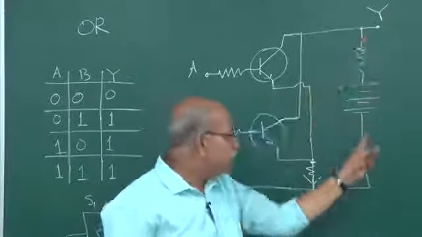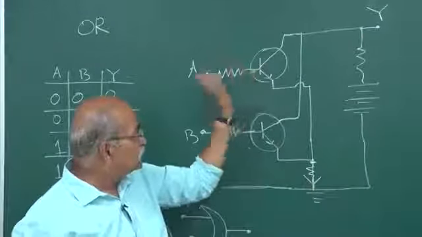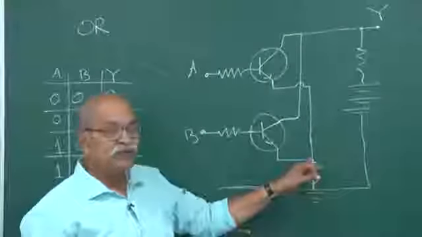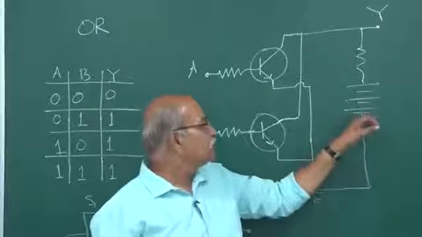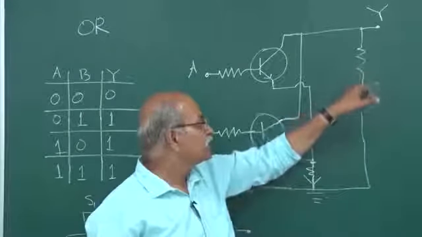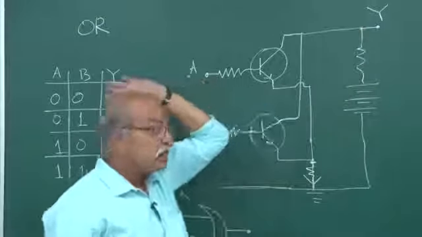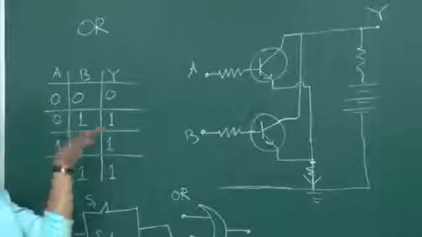And if there is no current, if 0 0, no current, then this potential is same as this potential, this is low. But if this is low, then you have no current here, so this potential appears here and that is high. So it is just opposite of this, it will be just NOT of this.